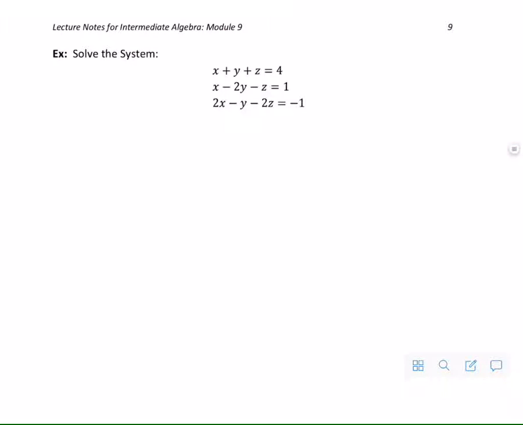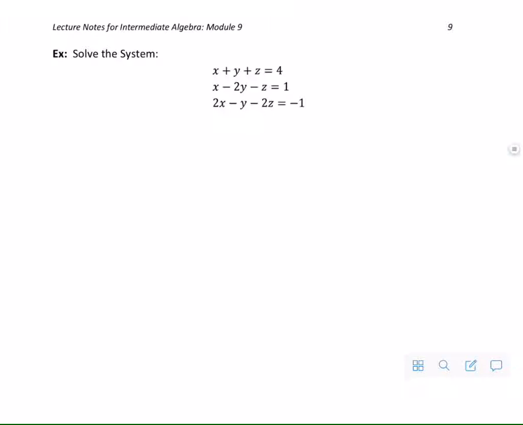On this next example, what that means is I figure out a way to add 2 equations together to eliminate one of the variables. Like I would add the first 2 equations together, and that would eliminate my z. Okay? So that gives me 1 equation with 2 unknowns. My second step is to try a different pair of equations than the first 2.